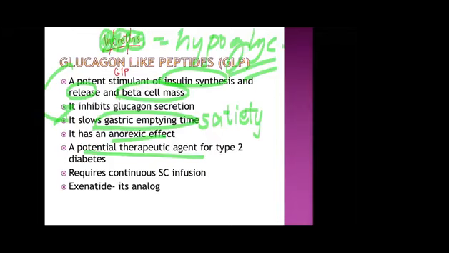And in fact, meron tayong commercially available agent na analog ng glucagon-like peptide, and that is exenatide. So we will discuss exenatide later, but I guess meron na kayong idea how it acts based on the effects of GLP that we mentioned ngayon lang. Okay? So yan ang glucagon-like peptides and also glucose-dependent insulinotropic peptide.